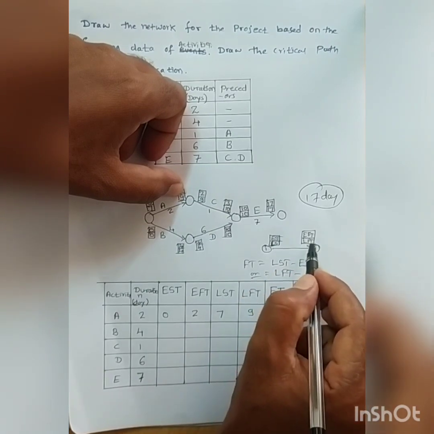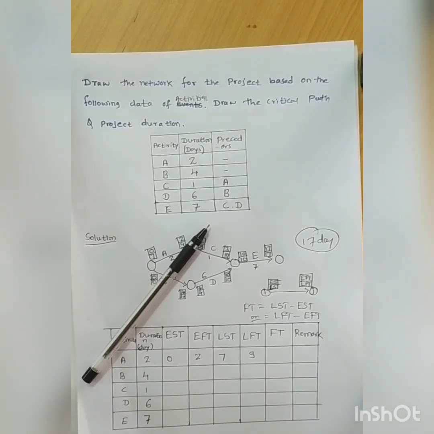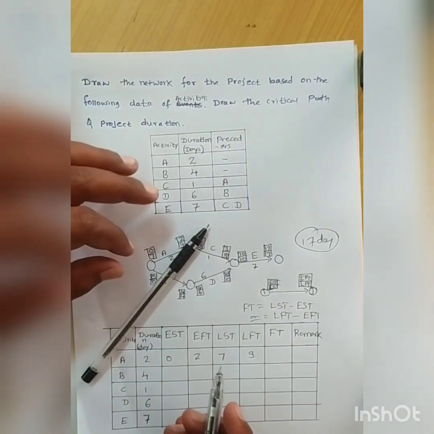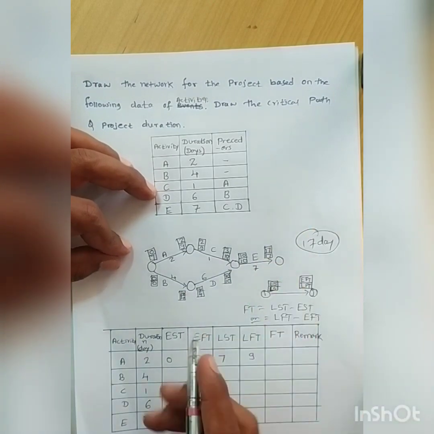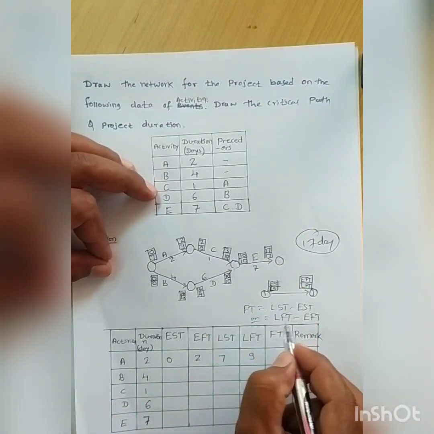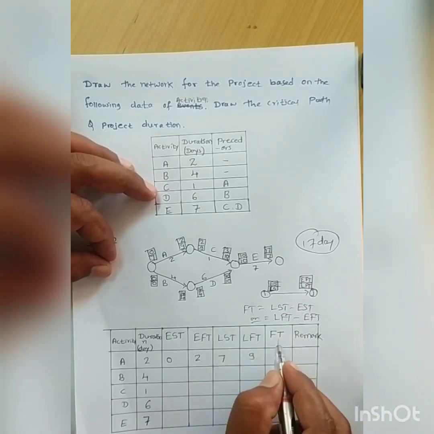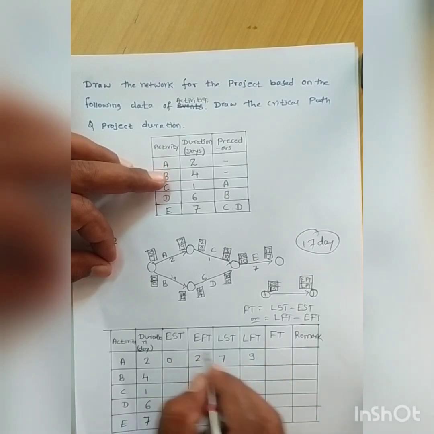So it is always bottom minus top. For the next activity B, it is LFT minus this. How to find the free float, I will tell you later.